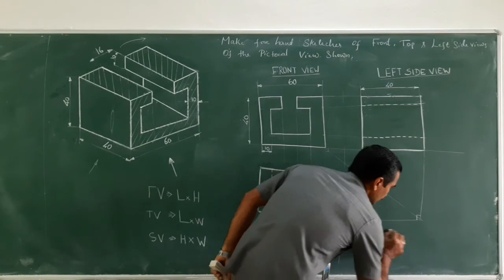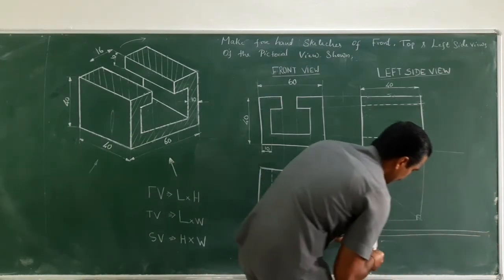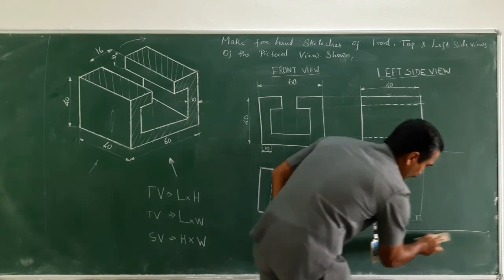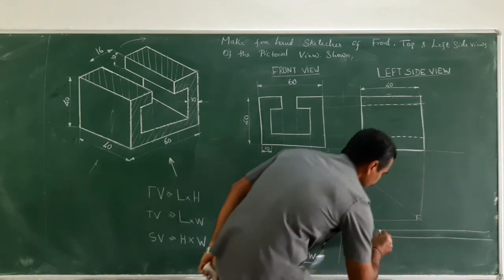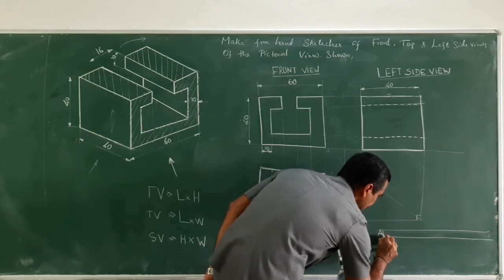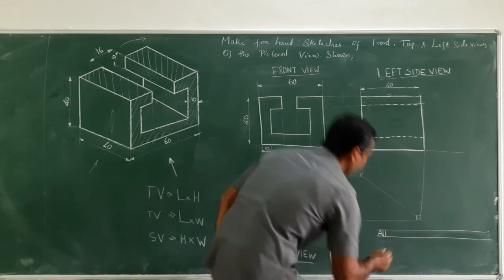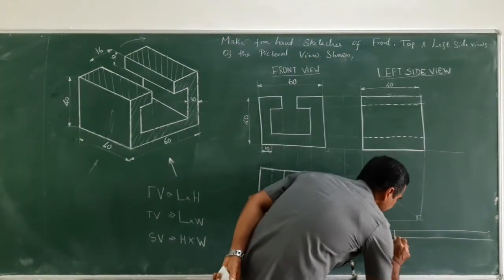So just draw a guideline of height 5 mm. Now mention that all dimensions you have mentioned in the drawing are in mm, right? So all dimensions are in mm.